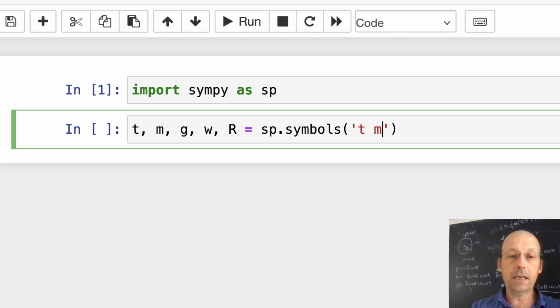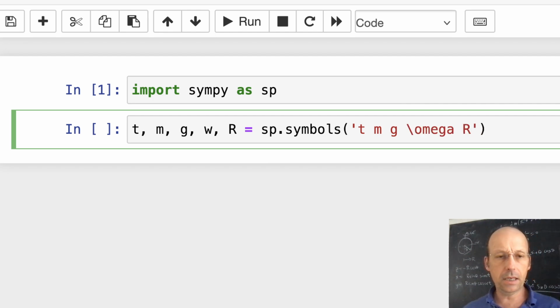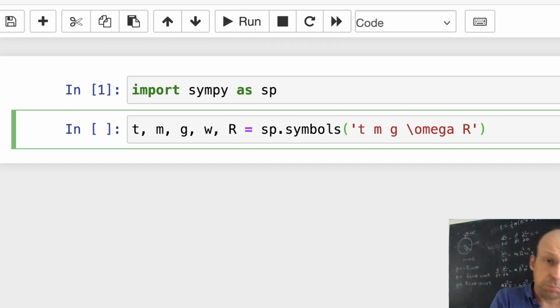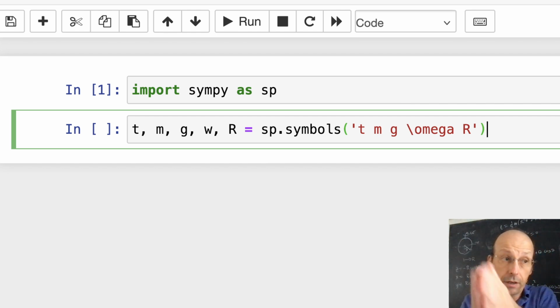So it's going to be t, m, g, omega, r, right? Did I miss one? t, m, g, omega, r. Okay, I think I got them all. That's going to make me able to display them, and so I can display omega as the Greek letter omega.